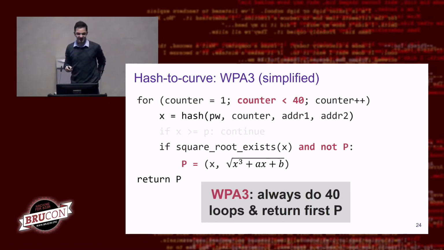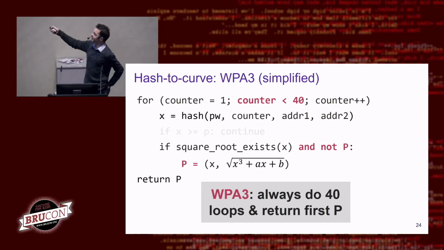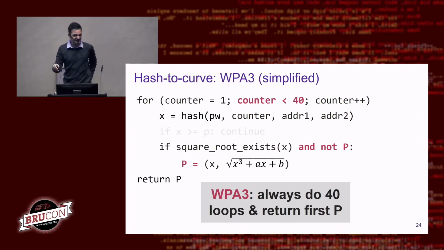The idea is that there won't be a timing leak because the algorithm always executes in a constant amount of time. And this number 40 was chosen such that the probability of needing more than 40 iterations is extremely low, so that it normally shouldn't occur in practice. At first sight, this actually looks like a solution that will indeed defend against these timing leaks.